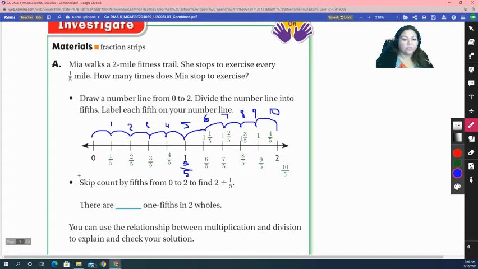And that's how it looks if you divide 2 divided by a fifth. This is a model of 2 divided by 1/5.